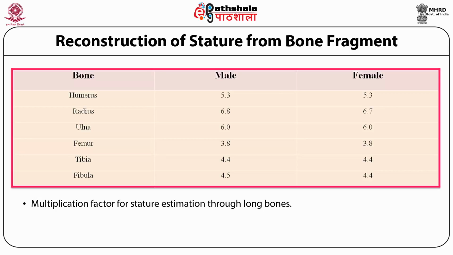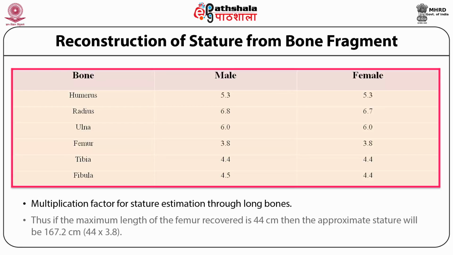For the fibula, the multiplication factor is 4.5 in males and 4.4 in females. For example, if the maximum length of the femur is 44 cm, then the approximate stature will be 167.2 cm, which is obtained by multiplying the length of the femur by the multiplication factor.